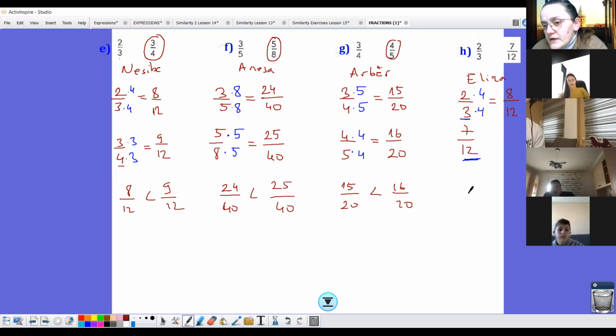And which one is bigger? 8 is greater than 7, so this one is the bigger one. So the first fraction, 2 out of 3, is bigger than 7 out of 12.